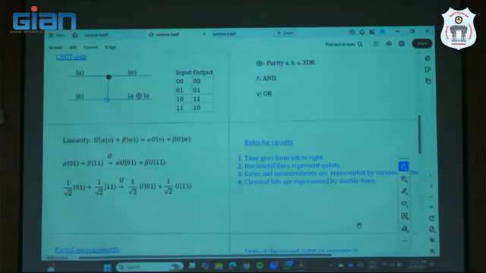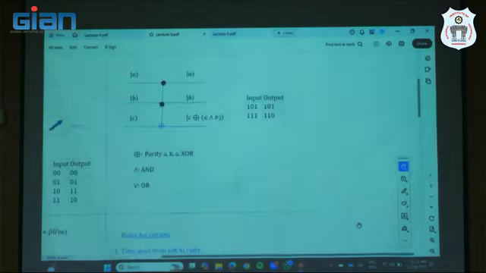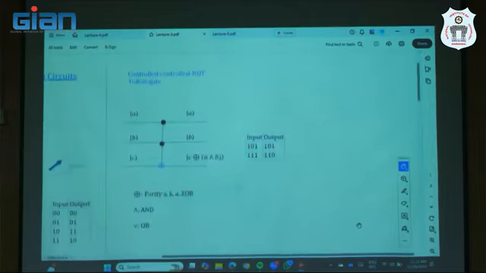Okay, so take another example. This is another gate called controlled-NOT, or Toffoli gate. What happens? Two controls.